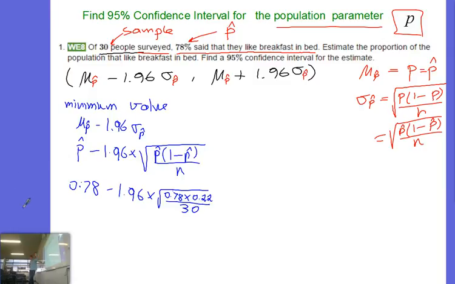And that gives you the minimum value. So you set that up on your CAS and evaluate.